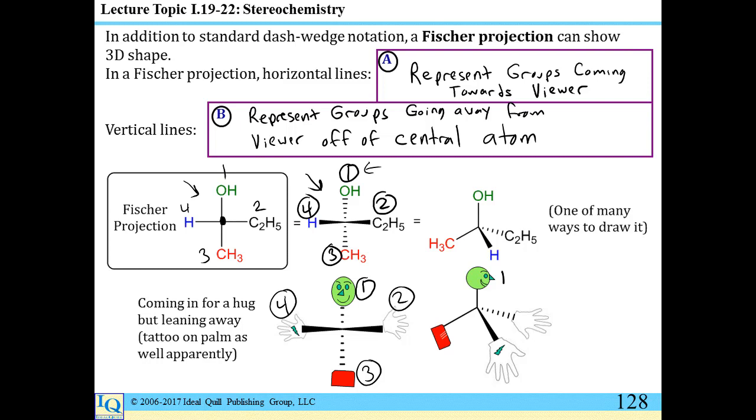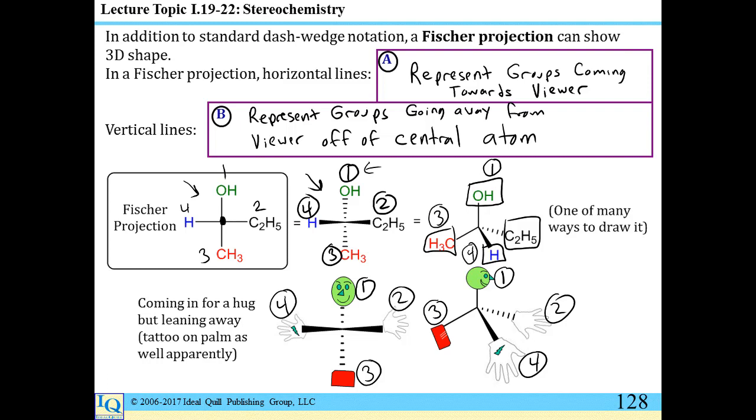So if I redraw this individual doing push-ups, I would say, well, this is the first priority. The feet in this case are the third priority based on what chemical groups they represent. The right hand is the fourth priority and the left hand is the second priority. Then when I draw my scaffold with the wedges and hash lines to accomplish the same molecular orientation, I would have to place my first priority substituent here, my third priority substituent here, my fourth priority substituent here, and my second priority substituent here.